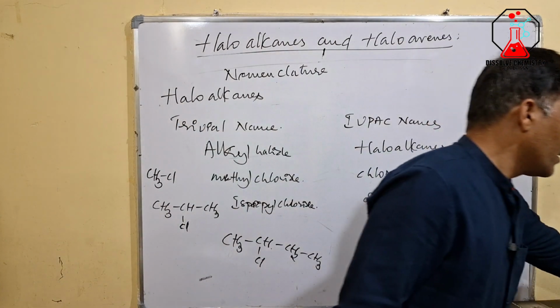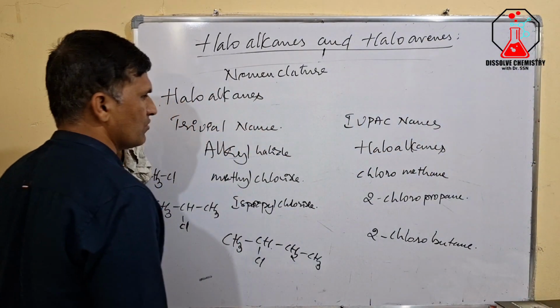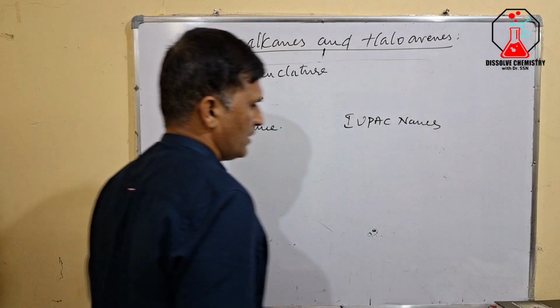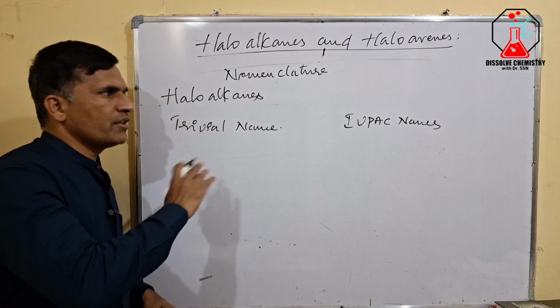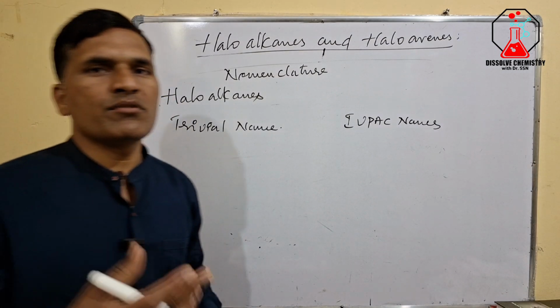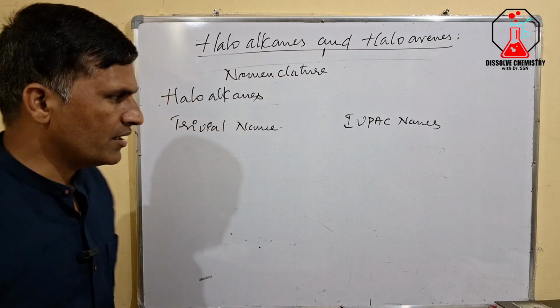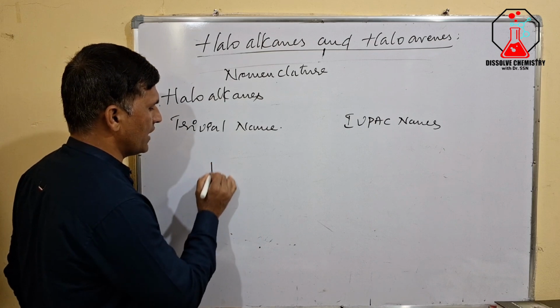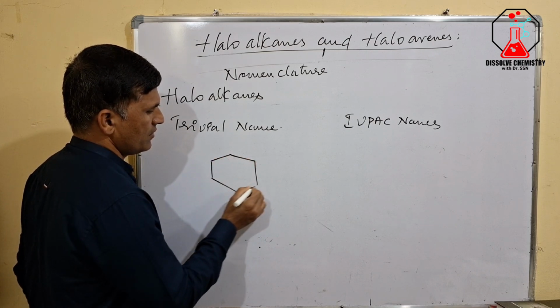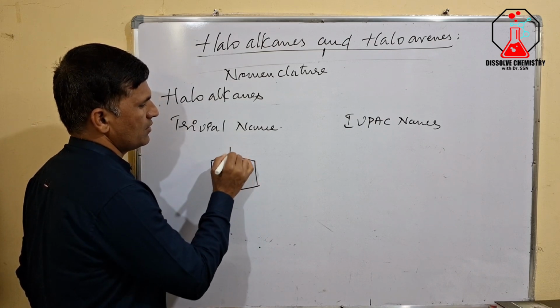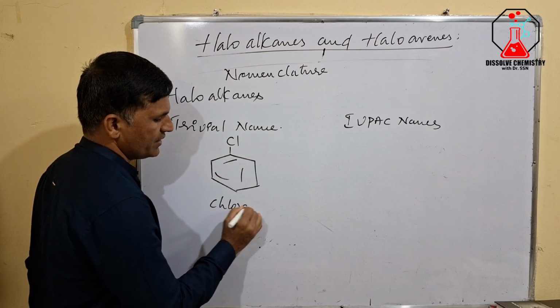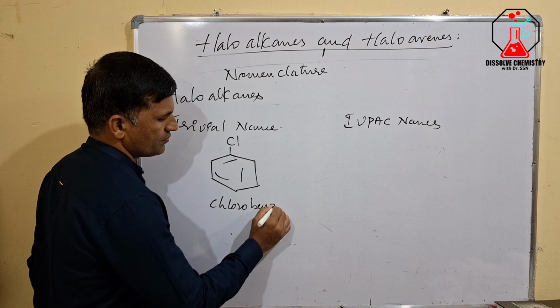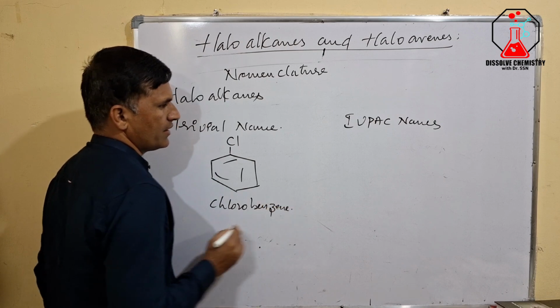Similarly, we will see how haloarenes are named. Generally, in naming haloarenes, IUPAC names and common names will be the same, in most cases. So we will see that. We call it chlorobenzene.